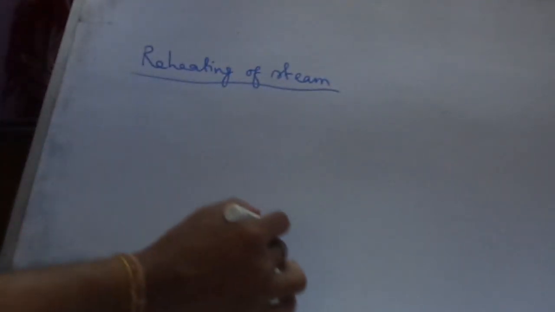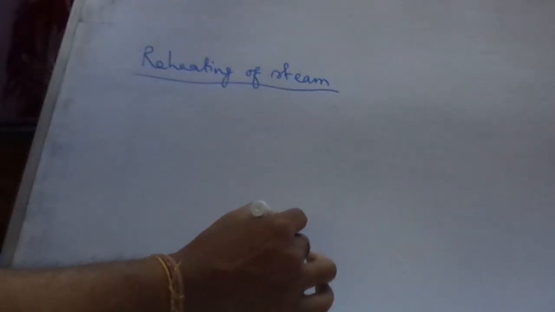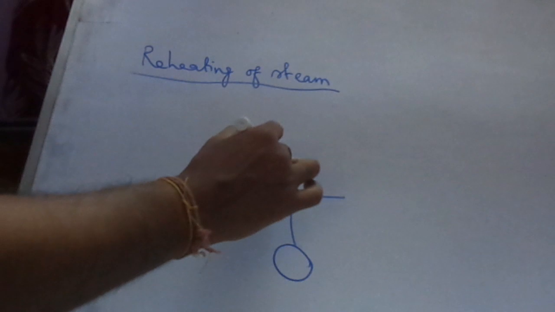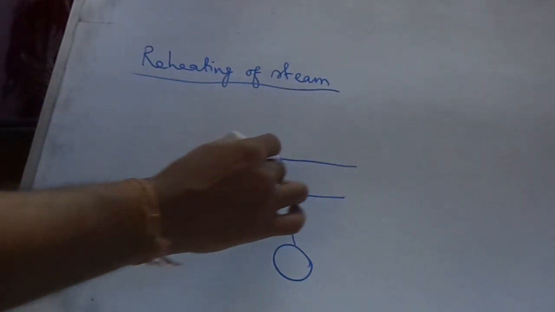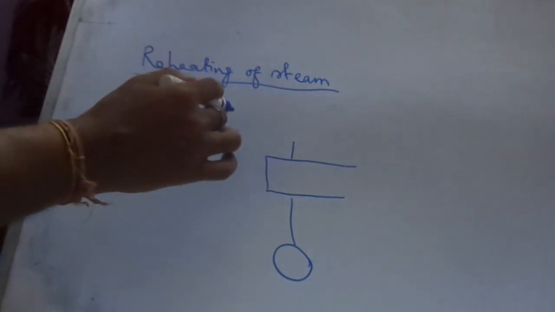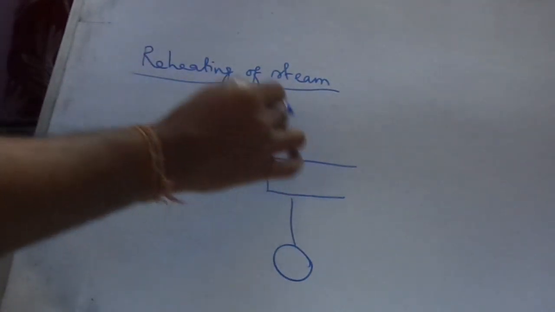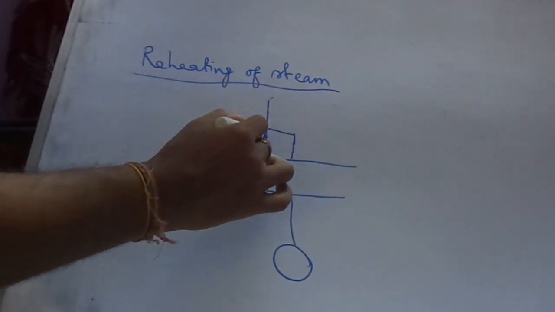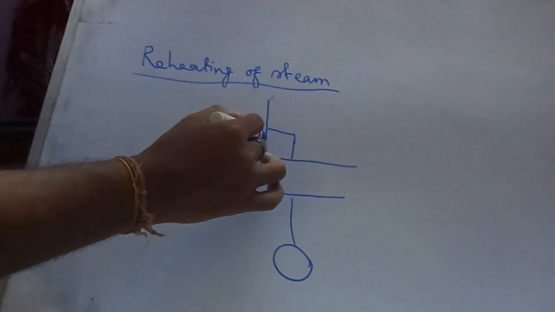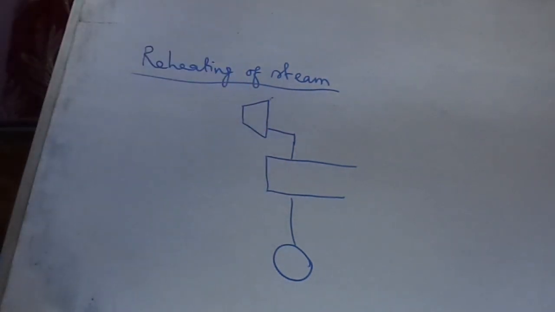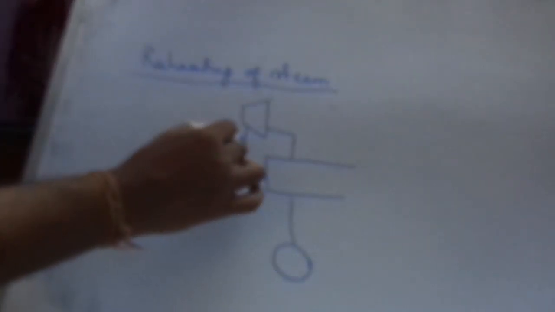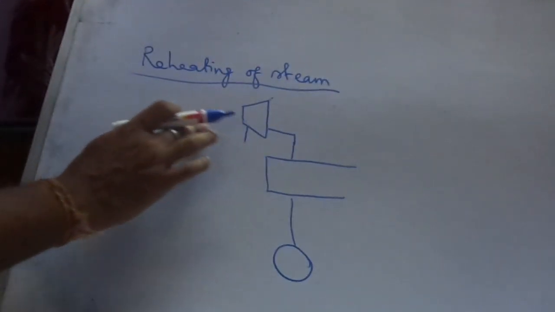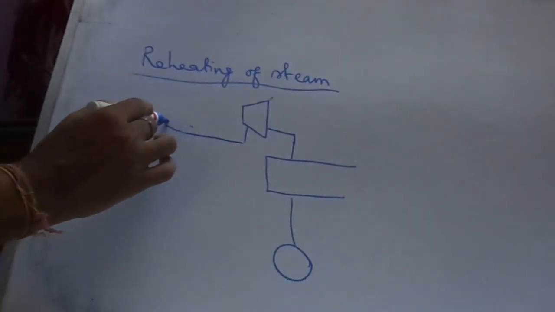If you draw the cycle, first is the position of the pump. One condenser is there, then another one is the turbine, then the secondary.